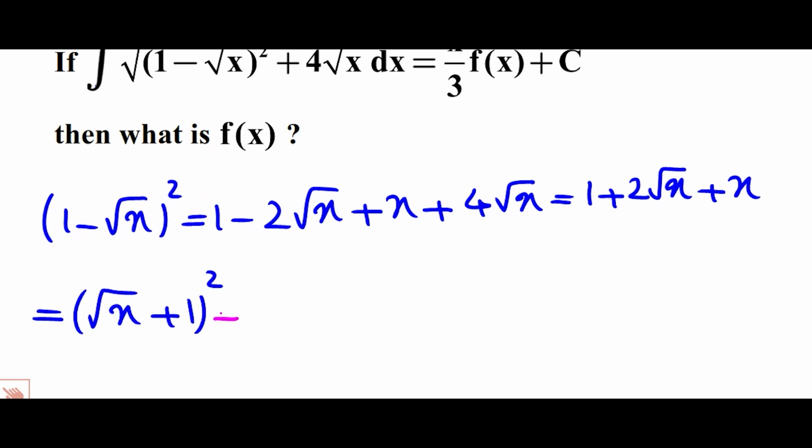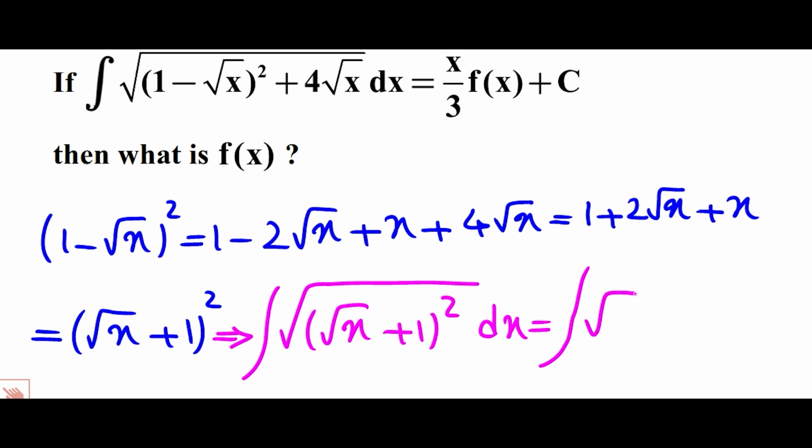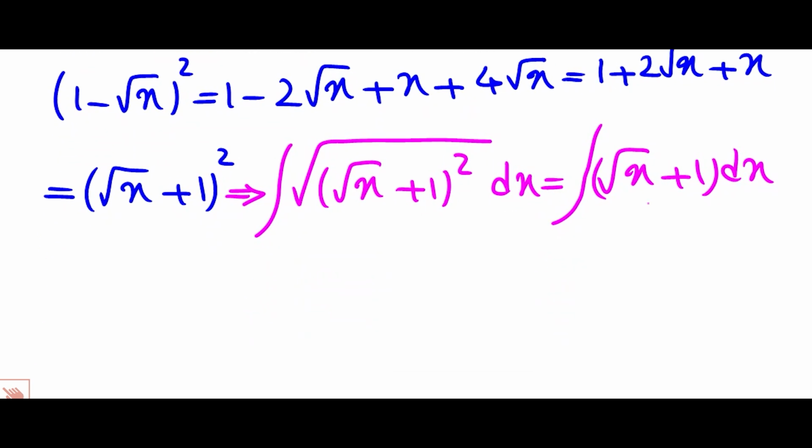Notice that this is a perfect square: 1 plus 2 square root of x plus x equals (the square root of x plus 1) whole squared. So the integral becomes the integral of the square root of (square root of x plus 1) whole squared dx, which equals the integral of the square root of x plus 1 dx, or the integral of the square root of x, which is x to the power of 1/2 dx, plus the integral of 1 dx.